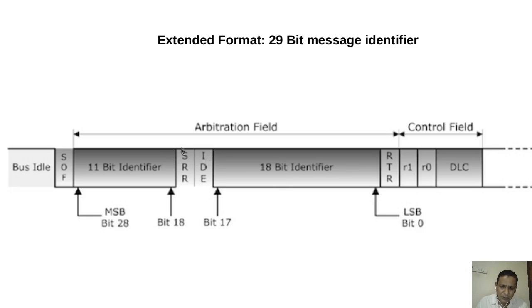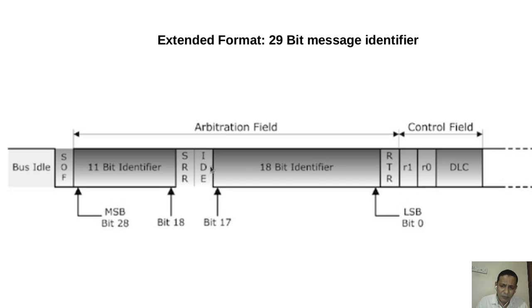This is in the case of standard frame format. From here onwards the control field starts. So that is why in the standard frame format the IDE bit will come in the control field, but in the case of extended frame format, this bit will decide whether it is standard frame format or extended frame format.